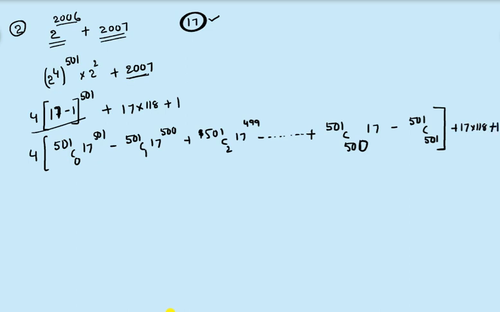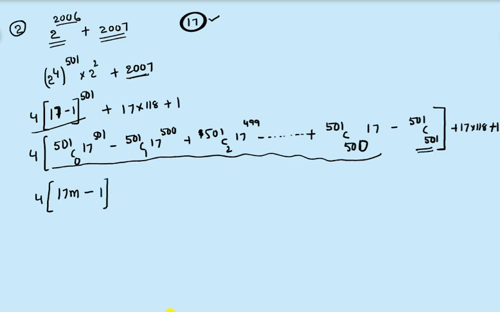plus 1. Now observe, except the last term, in every term there is an involvement of 17. That's why we can write this one as 4 into 17m minus 1, because you know this value is equal to 1, plus 17 into 118 plus 1.